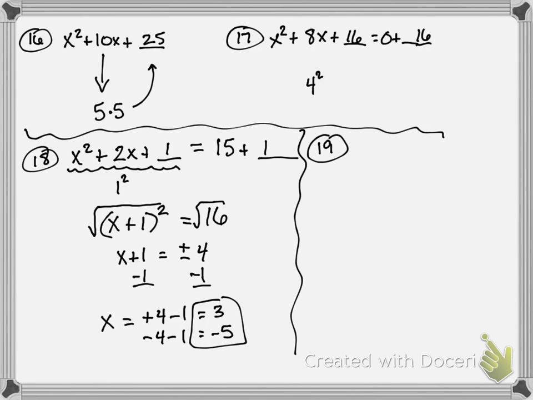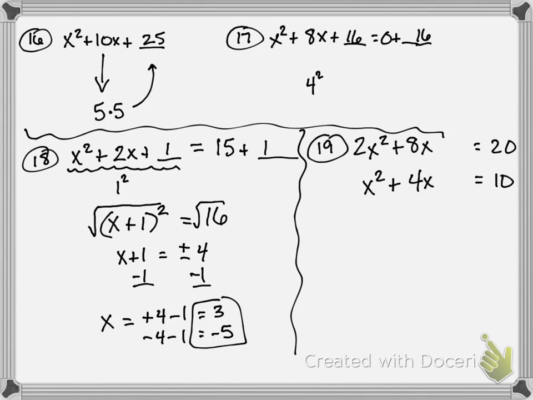Let's look at 19. 2x squared plus 8x blank equals 20. All right, what could I do right away? Aren't all these divisible by 2? Let's divide all of it by 2 to make it a little simpler.